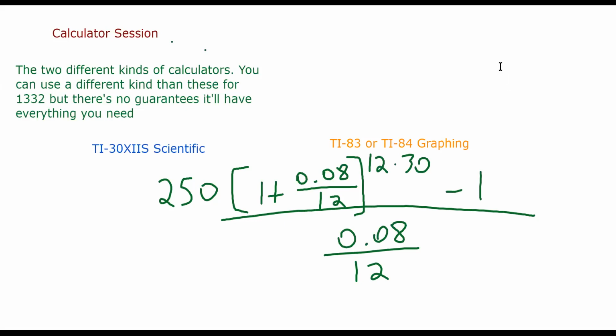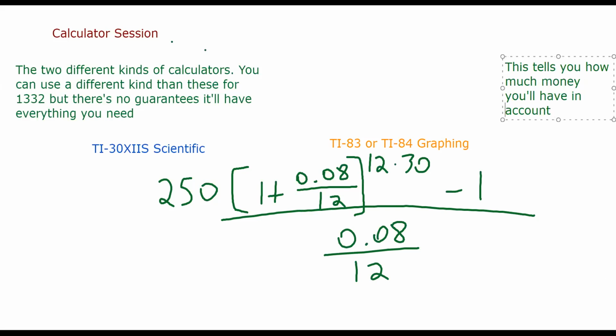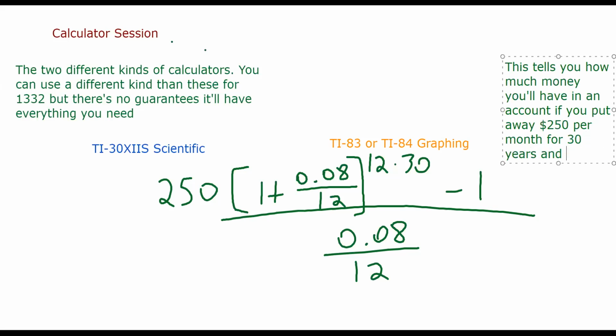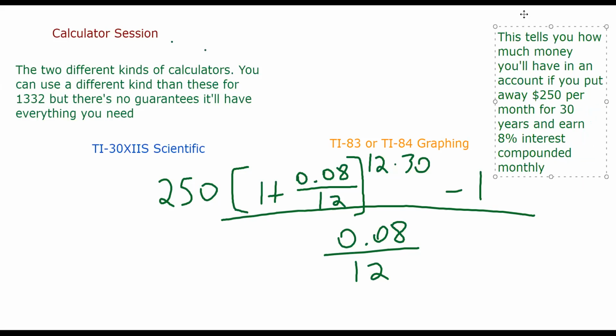What this does is it tells you how much money you'll have in an account if you put away $250 per month for 30 years and you earn 8% interest compounded monthly. That's what this formulation can tell you.